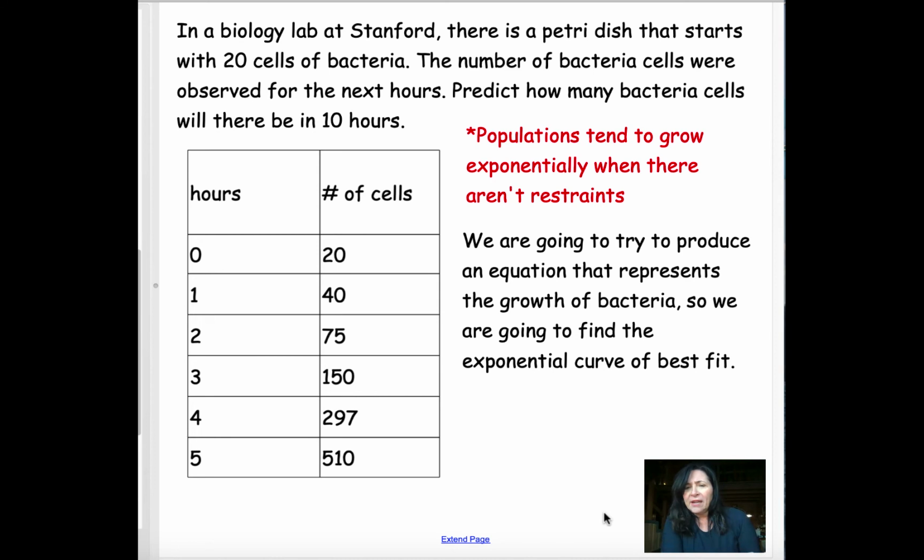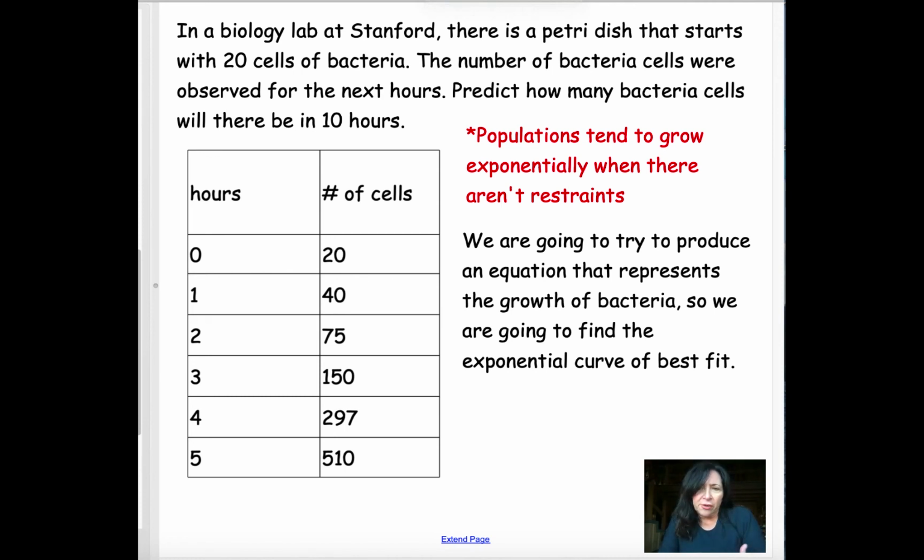The question is, predict how many bacteria cells there will be in 10 hours. Yes, you could do this by hand, choose two points, and come up with an equation. It's going to be a lot more accurate putting it into your calculator, definitely, but try to do this, pause the screen, and come back as soon as you plug in those values.